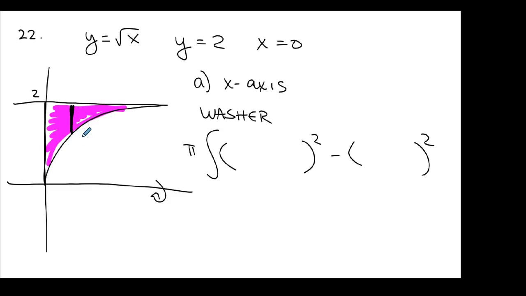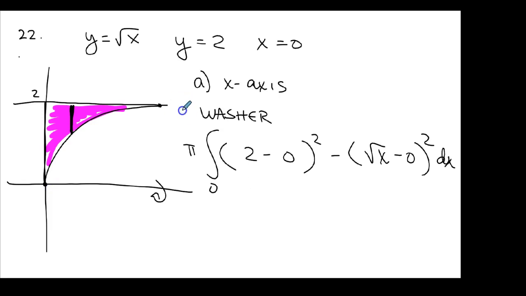So what is the outer radius? 2 minus 0. And what's the inner radius? Square root of x minus 0. So what are the limits of integration? 0 I agree with.